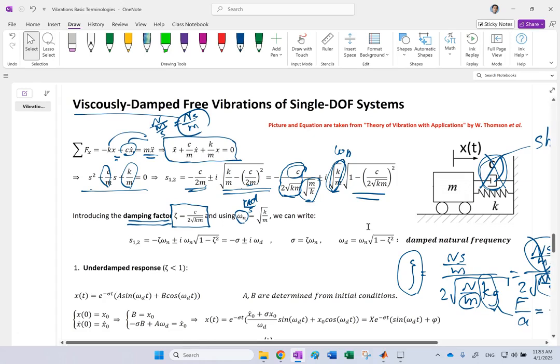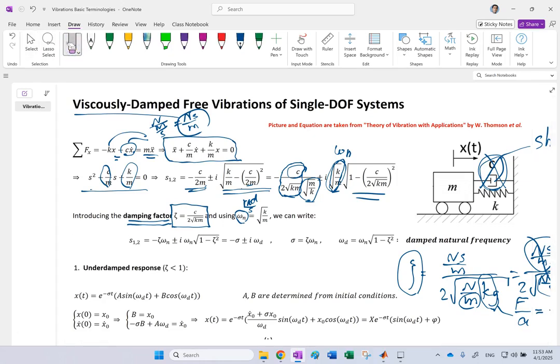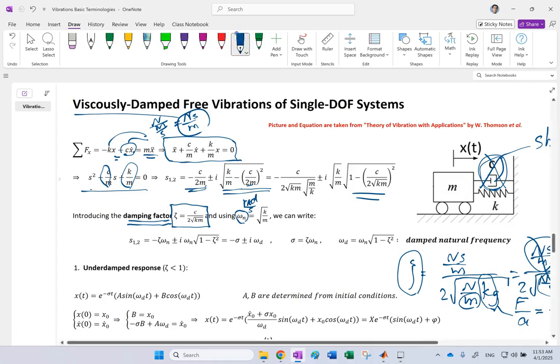So if that's the case, then looking at what I have over here, since this square root m over k is in the denominator, I can bring it to the numerator and I can write this as negative.